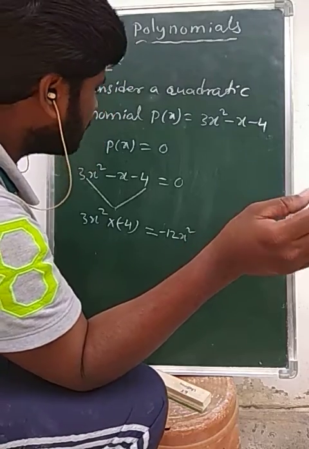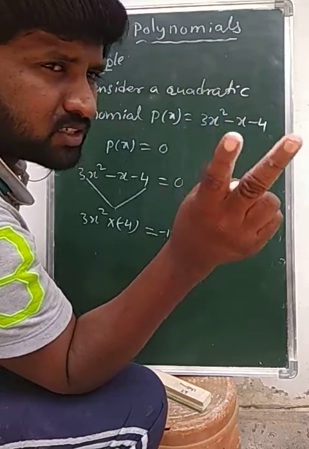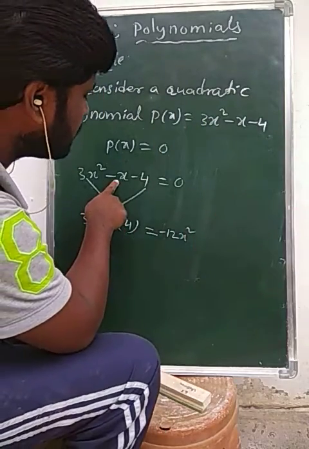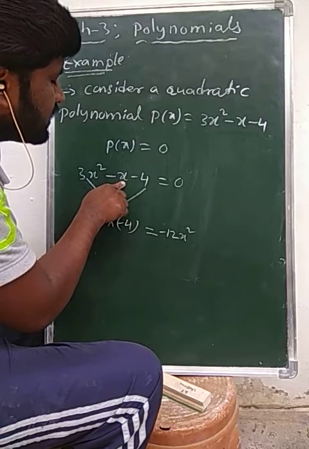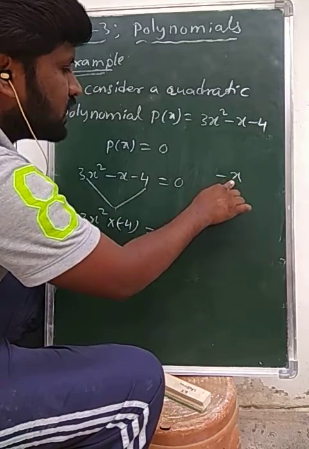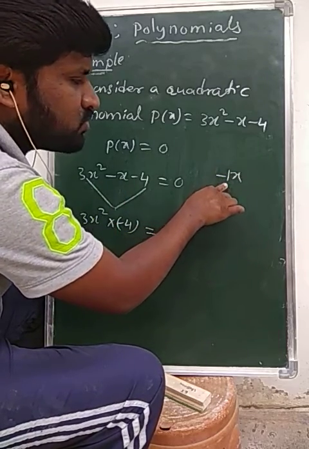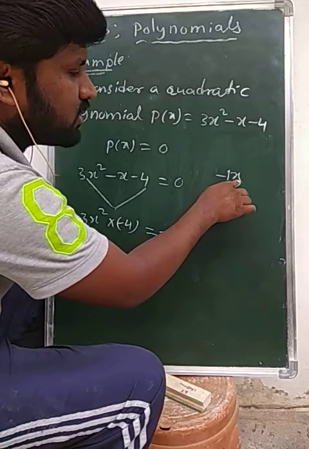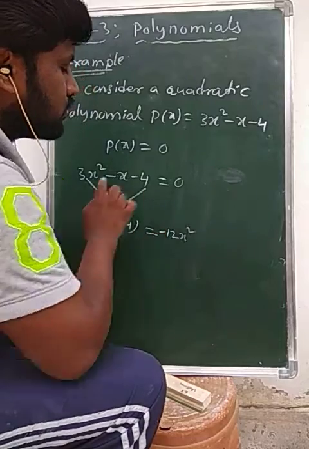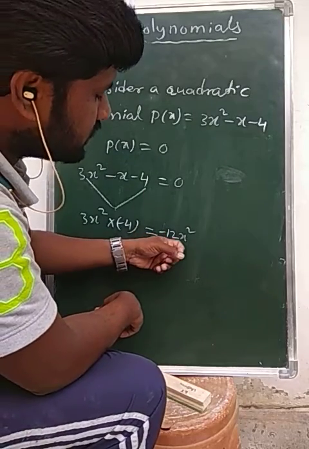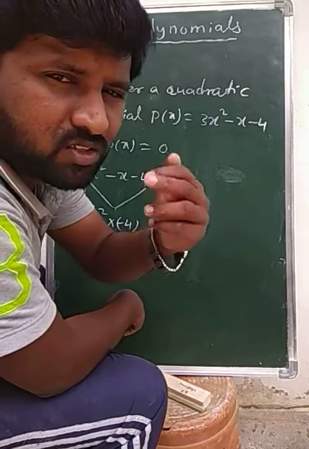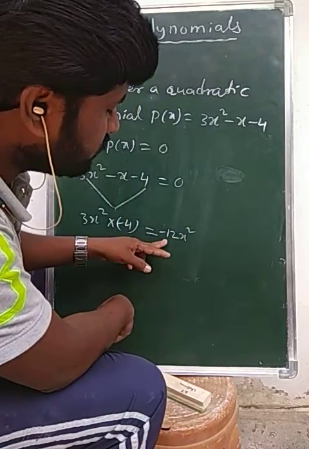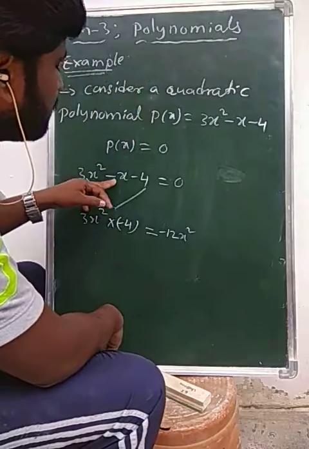But you take two factors of 12 whose sum should be minus 1. What is the coefficient of x? Here we have minus x, which we can understand as minus 1x, so the coefficient of x is minus 1. So minus 12x square: you take the factors of 12, their product should be minus 12, their sum should be minus 1.